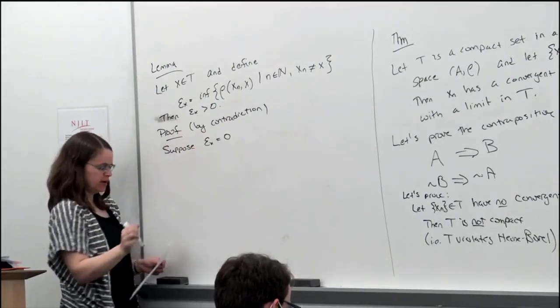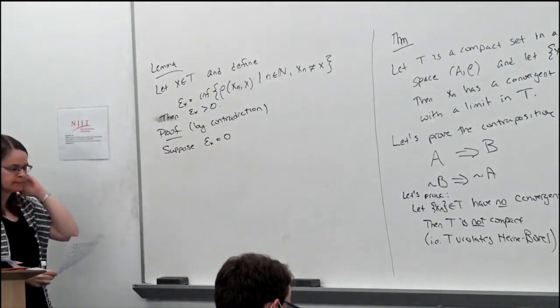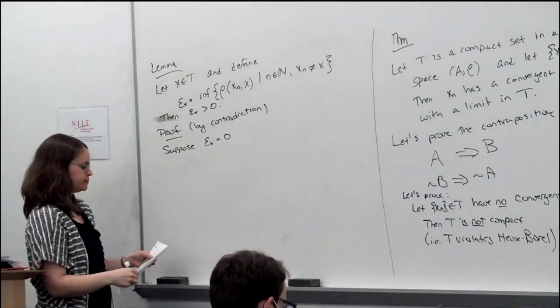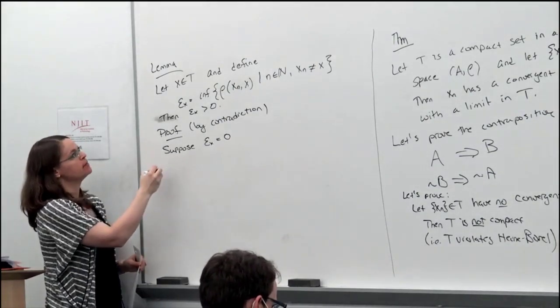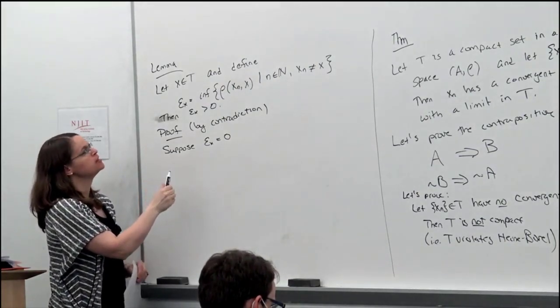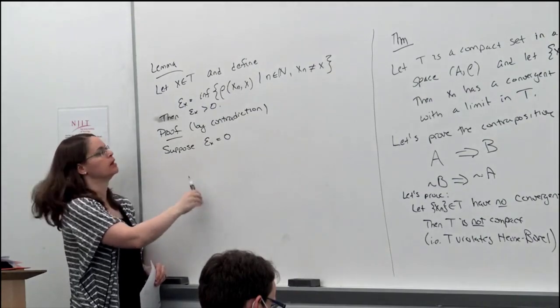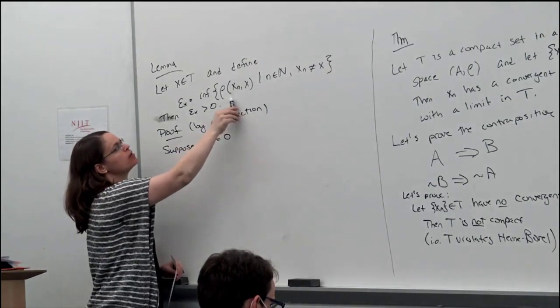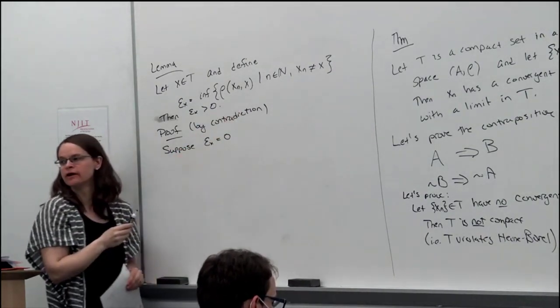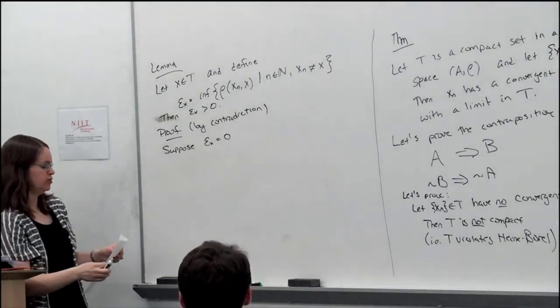So suppose epsilon_x equals 0. Well, what does that mean? That means that no matter how small an epsilon I choose, I can make this arbitrarily small. I can always make that arbitrarily close to 0.